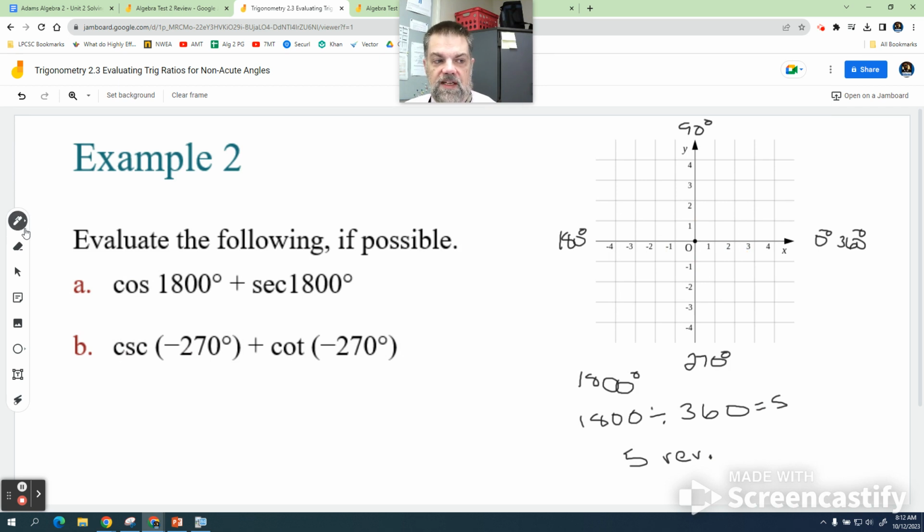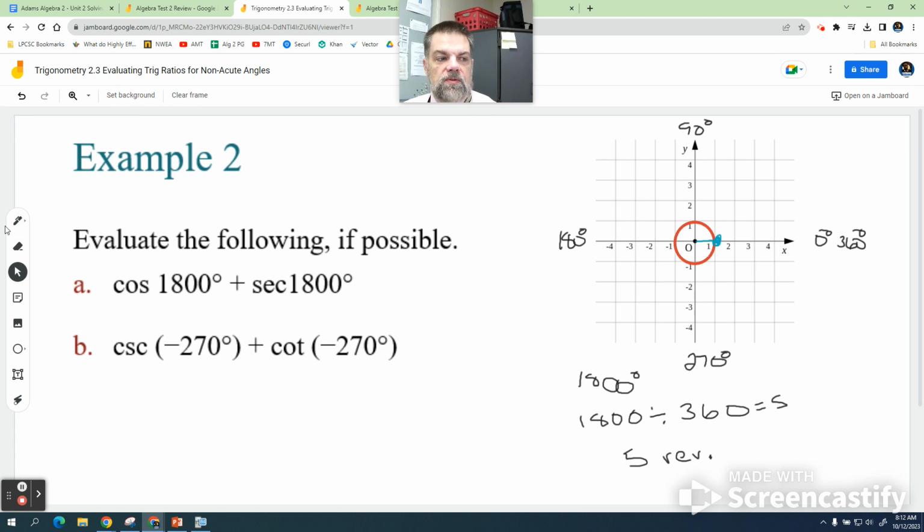So what does that mean? Well, remember, if we think of the unit circle, the unit circle has a radius of 1, so that would stop right there. The unit circle is like that, sort of. Let me fix this. Where it has a radius of 1, right?